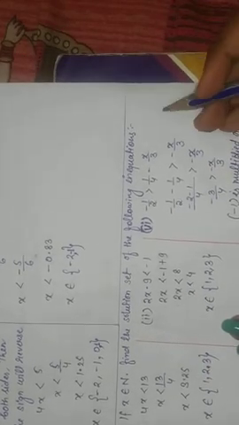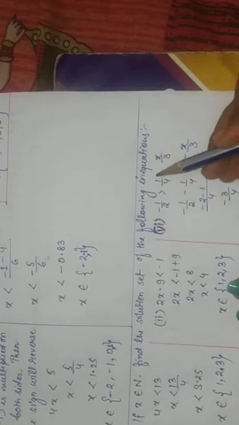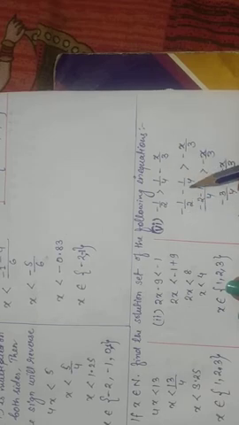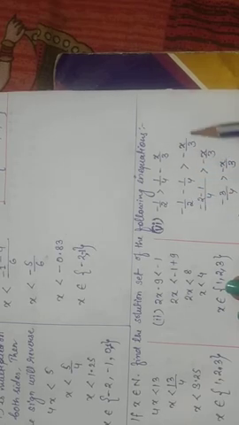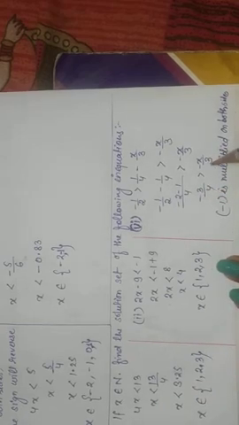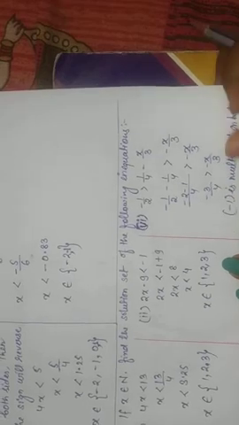And in question number 6, -1/2 < 1/4 - x/3. So 1/2 - 1/4 < -x/3. So here also there is a minus sign and here a minus sign. So if we see this type of equation, just multiply -1 on both the sides. So what will happen?